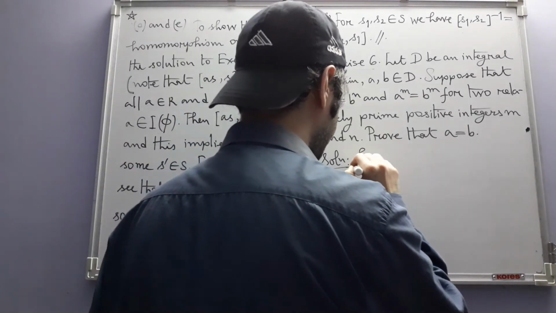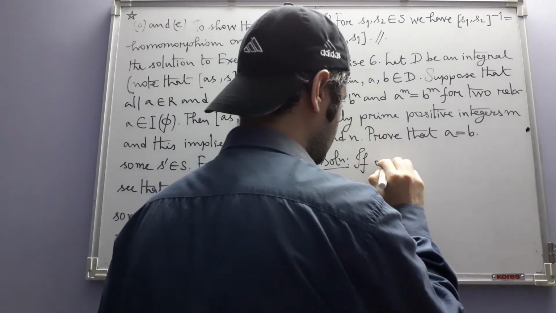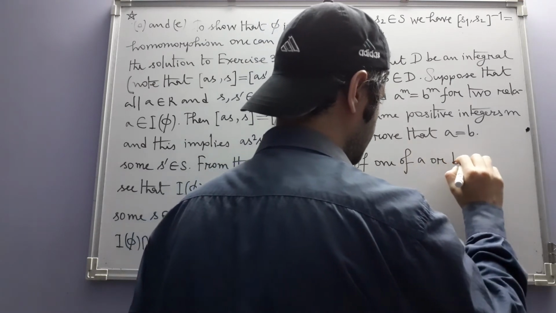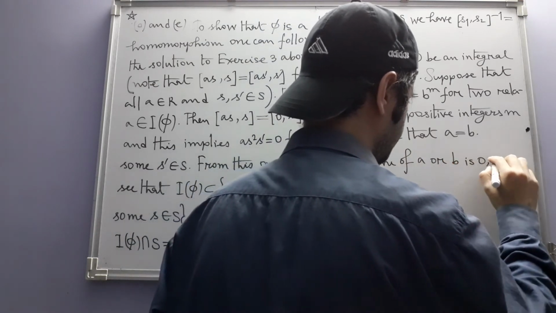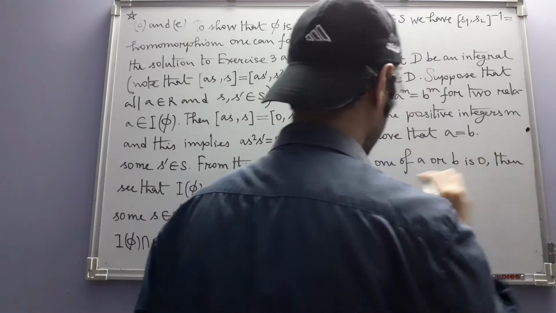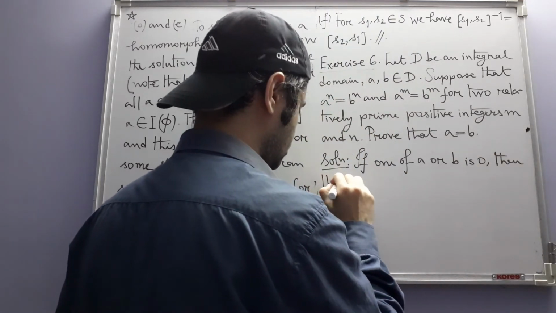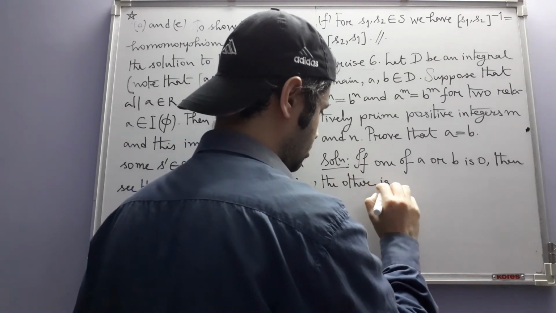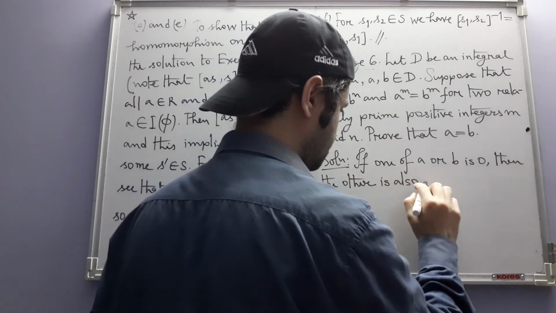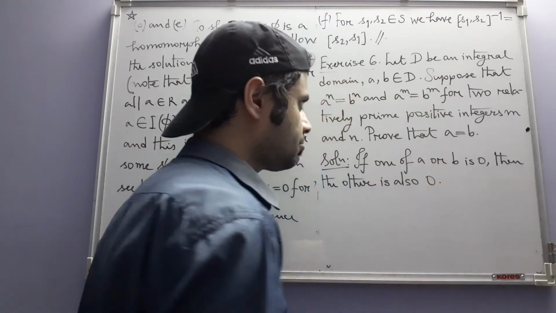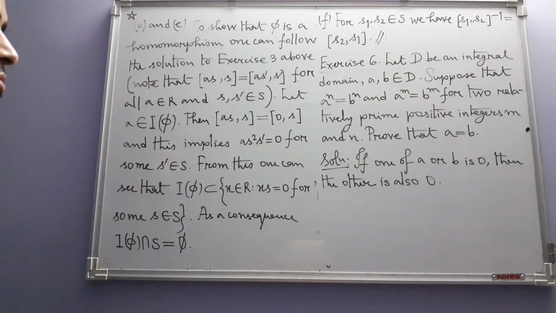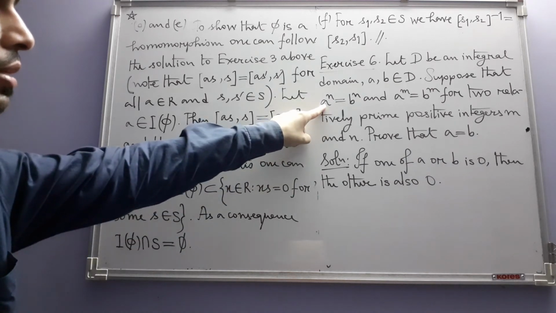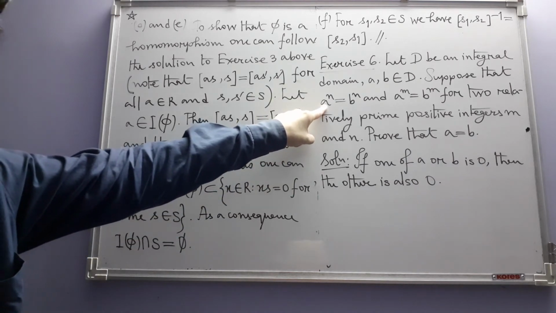Okay, so if one of A or B is 0, then the other is also 0. Why? Because you see, if A is 0, the left hand side here is 0.